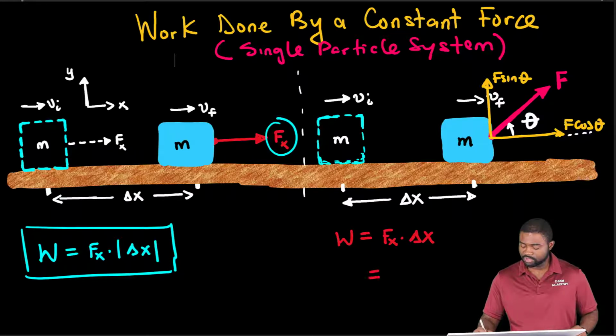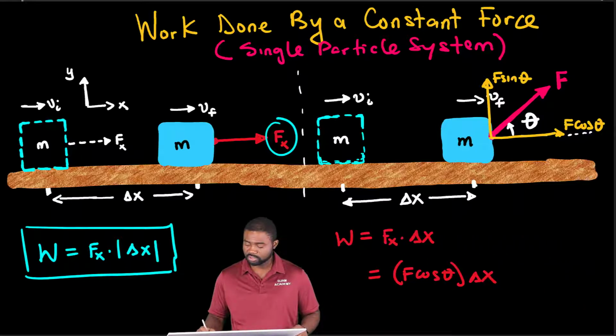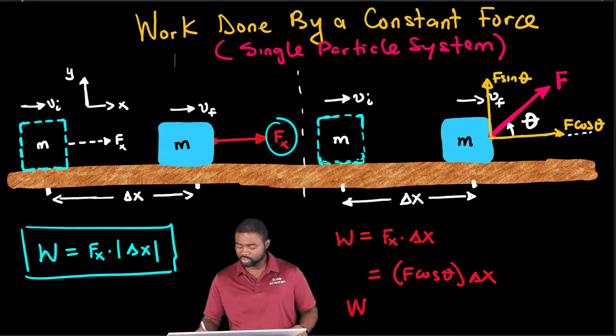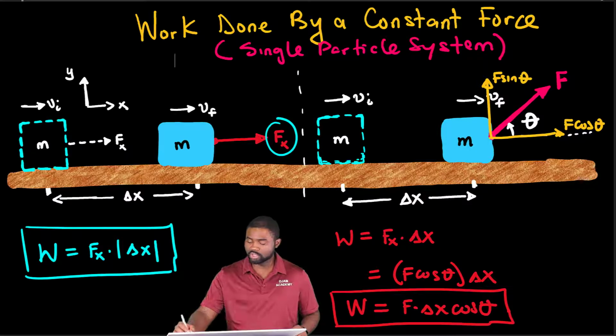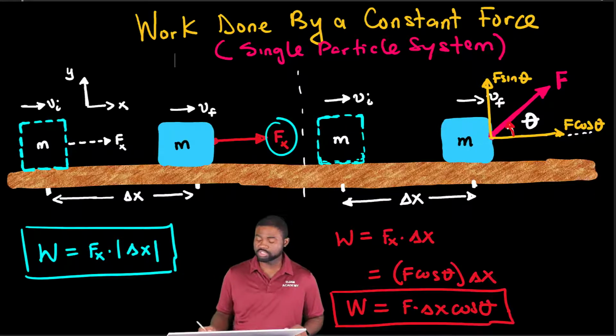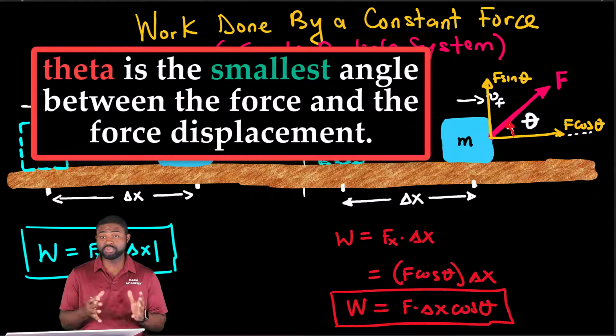So this is equal to F cosine theta multiplied by delta x. In other words, W is equal to F delta x cosine theta. Now the angle theta is the angle between the force and the displacement vector.